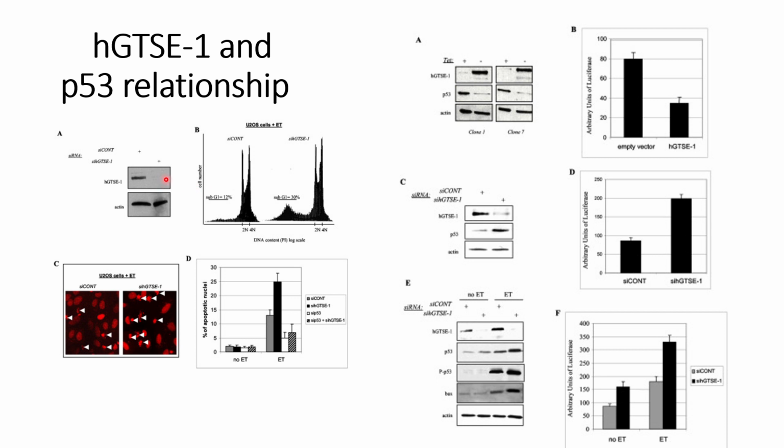When they check these two cells for the cell cycle analysis, they can see that in the control case, the sub-G1 level, which they considered the apoptotic signature for the apoptotic condition of the cells, shows fewer apoptotic cells compared to the condition where hGTSE is knocked down.